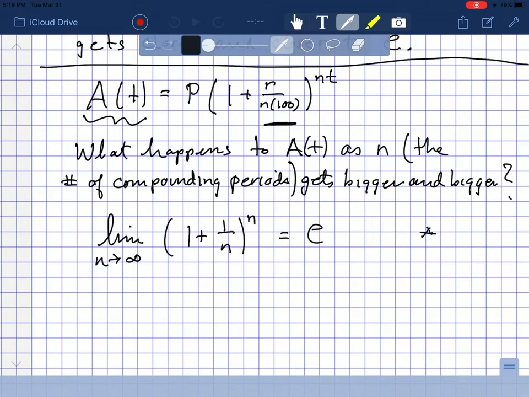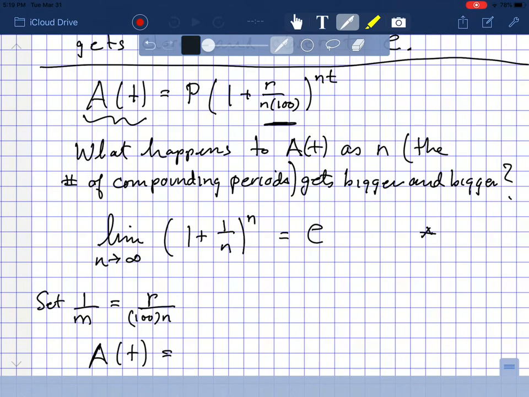So I'm going to set 1 over m equal to r divided by 100 times n. I'm just setting this, so I'm saying 1 over m is equal to this quantity here.